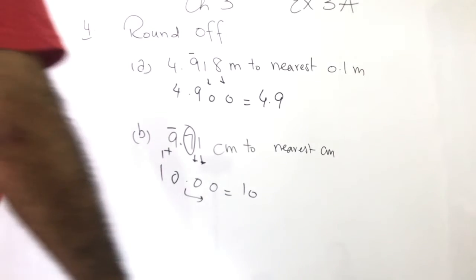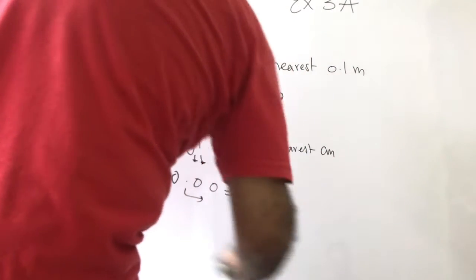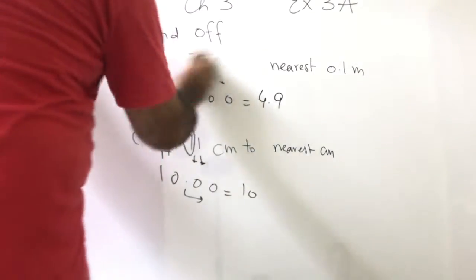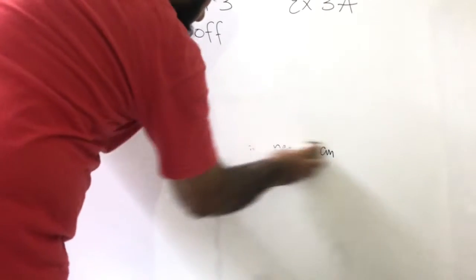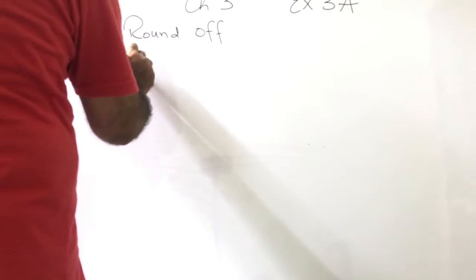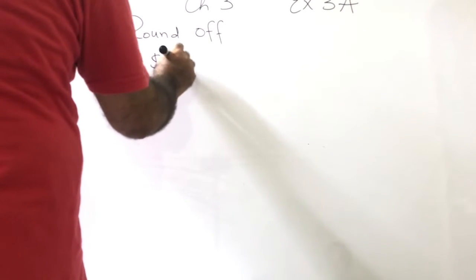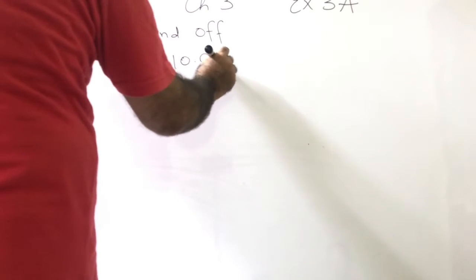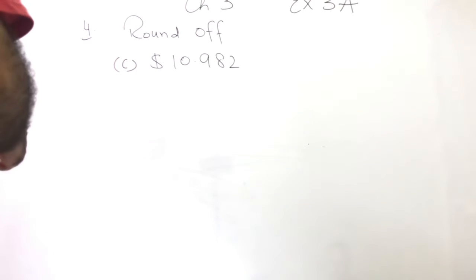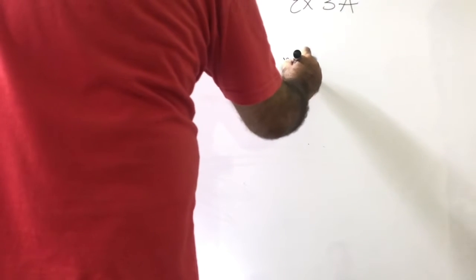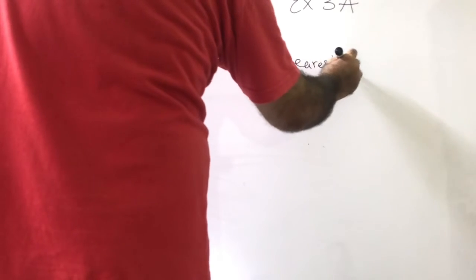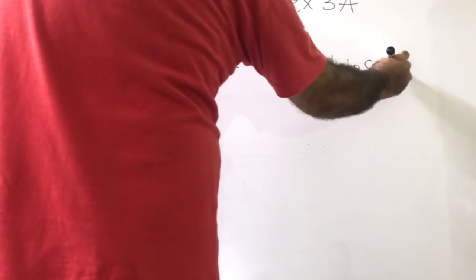Okay, now we move to part C. Part C says that we need to round off $10.982 to the nearest 10 cents.